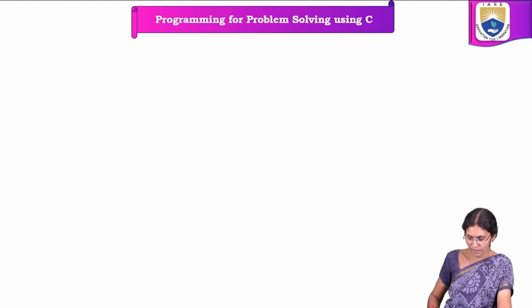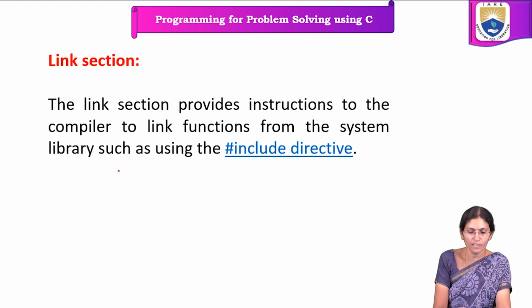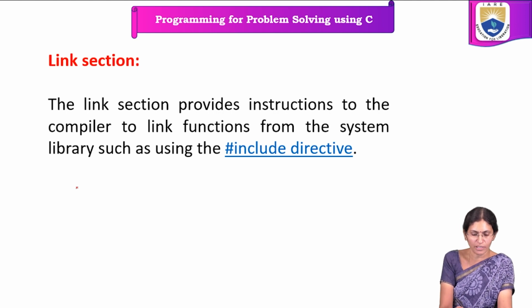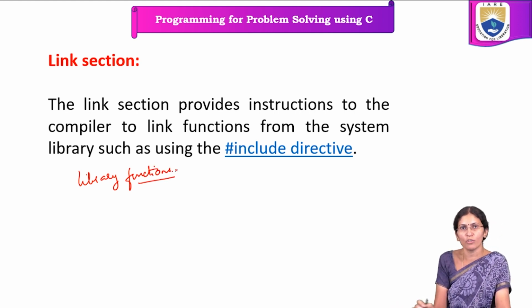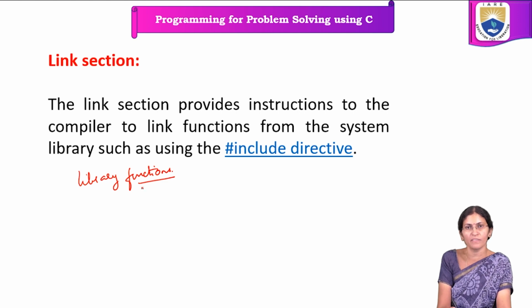After this section, we have the linking section. In linking section, C program has a number of library functions. A function is nothing but a block of code which performs a specific task.